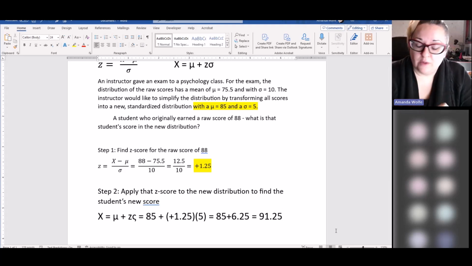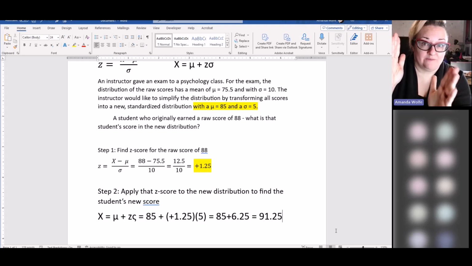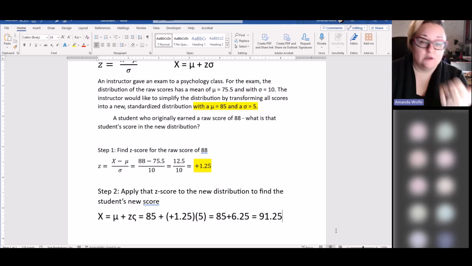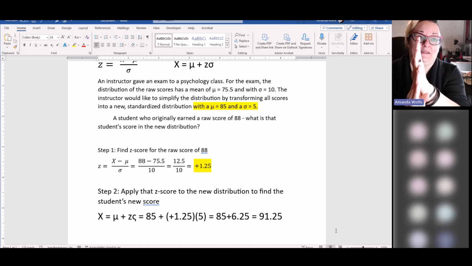The 91.25 is exactly the same distance away from the average of 85 as the 88 was from 75.5, okay? So while the number may look better, may feel better, all of that kind of stuff, they actually exist in the exact same place in the distribution.